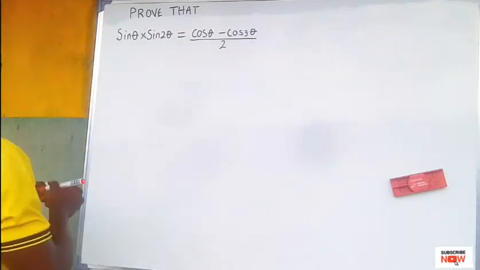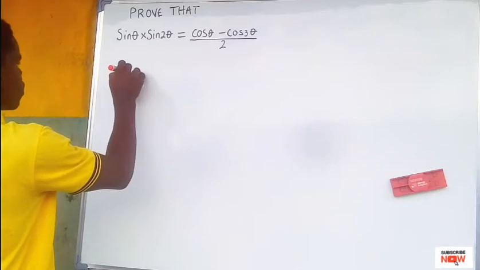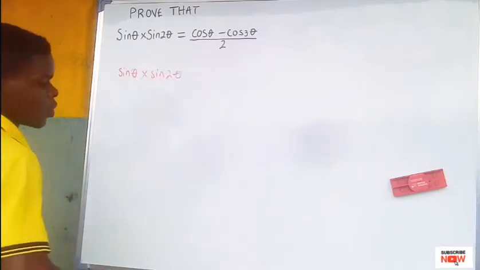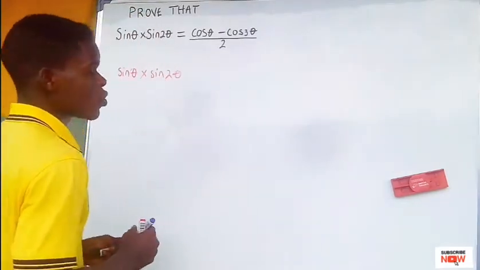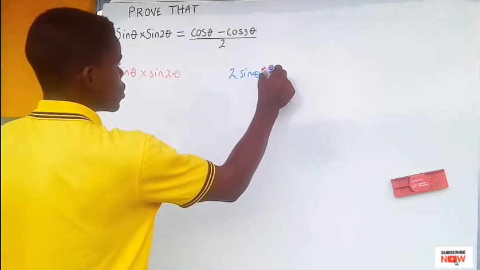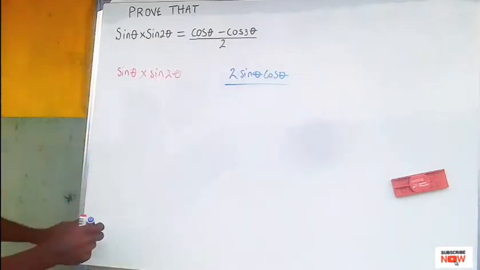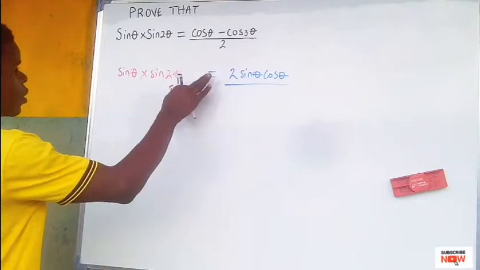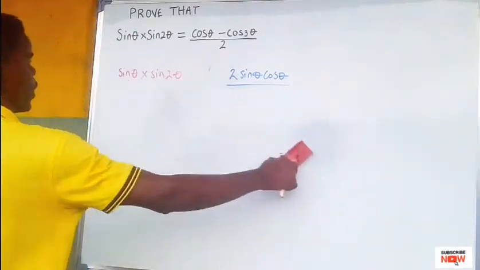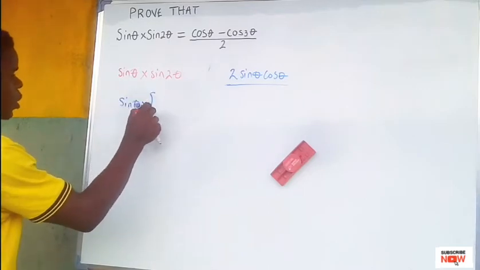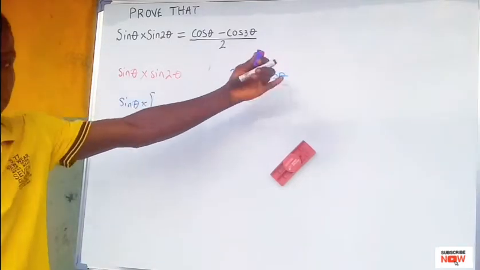Take note that this is sine theta times sine 2 theta. Given that sine 2 theta equals 2 sine theta cosine theta, we apply it here. In place of sine 2 theta, you put 2 sine theta cosine theta.